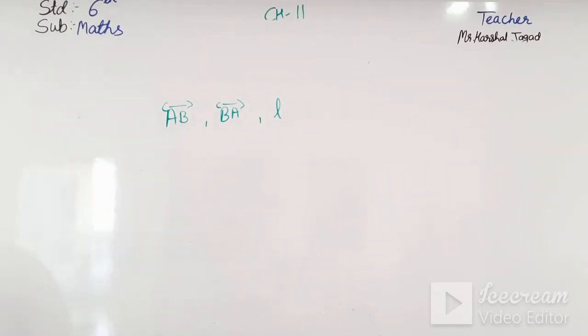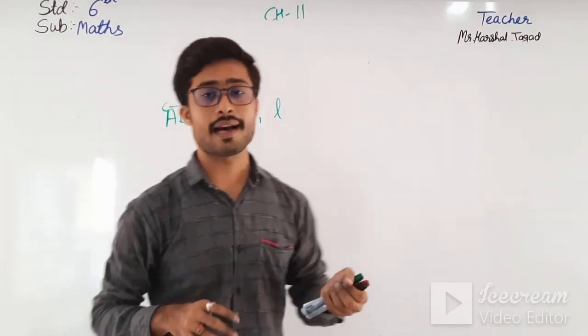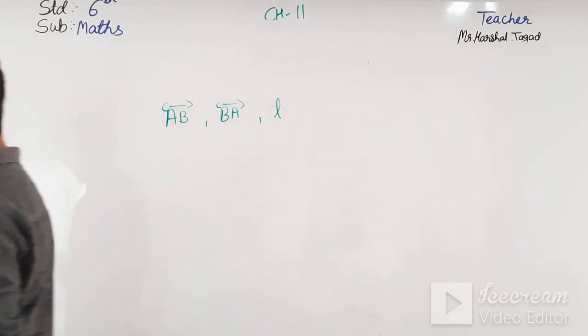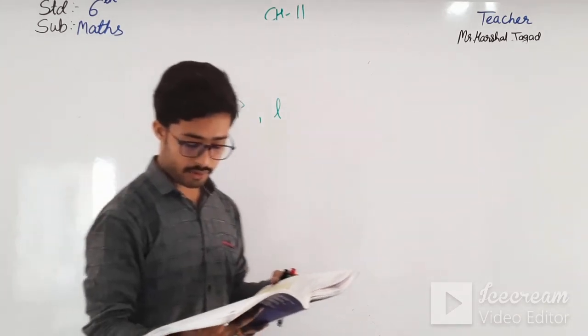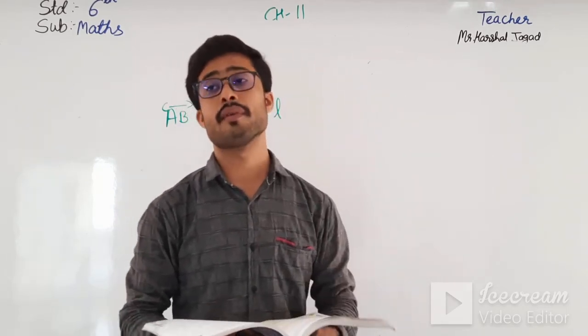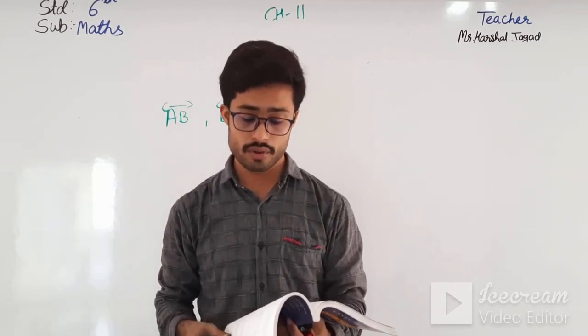And in question number 7, there will be OP, OQ, angle POQ, angle QOP, angle O or angle 3. In question number 7, these are the answers. And question number 8, see here, name all the line segments, that you have to do on your own. And also question number 9, that you have to do on your own.